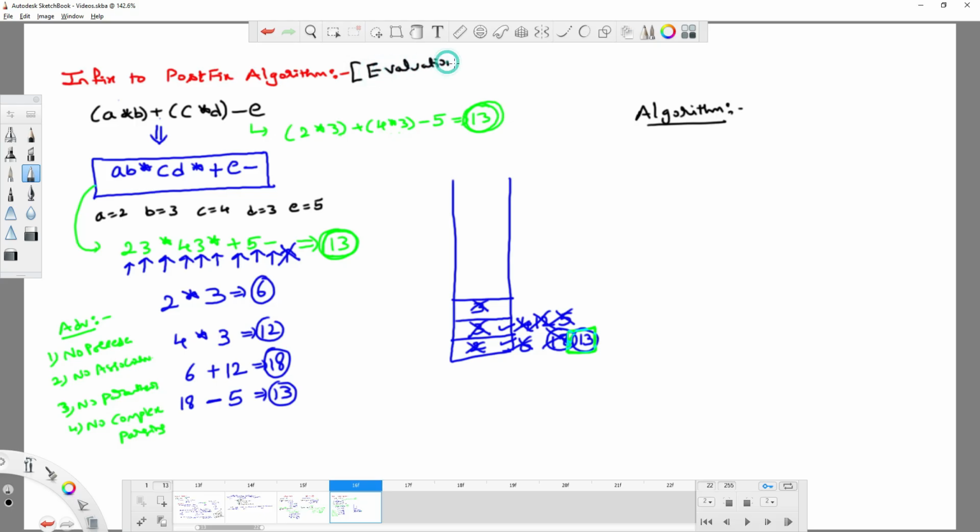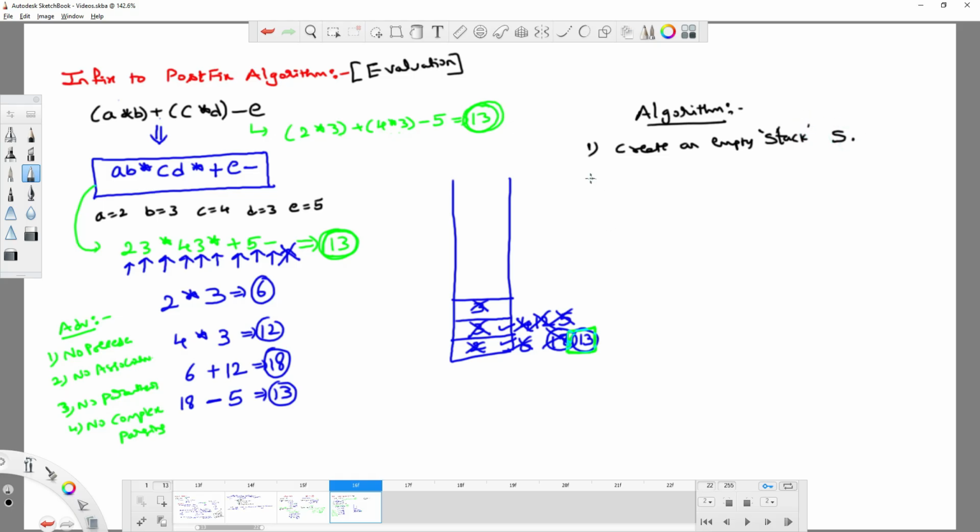I just explained one procedure, and that procedure you have to follow accordingly. So the first step will be to create an empty stack, guys. That is what we did.